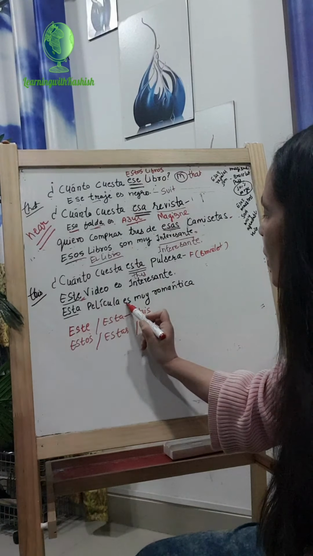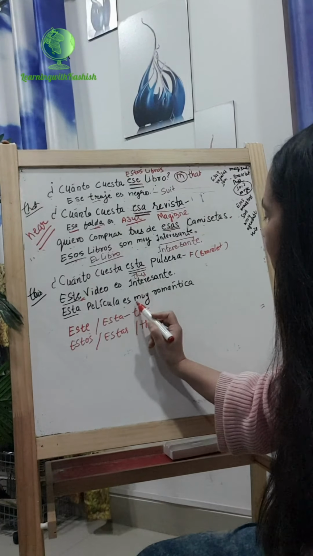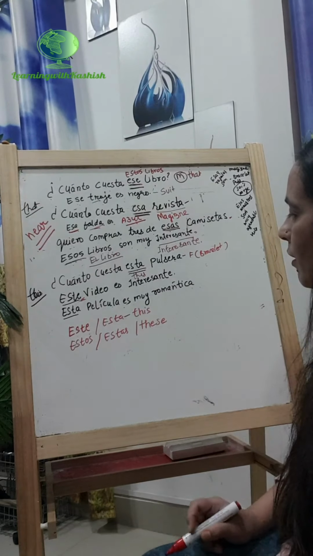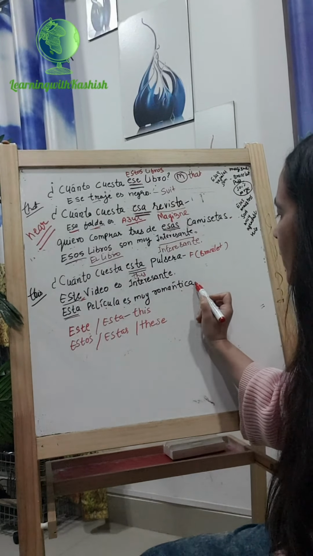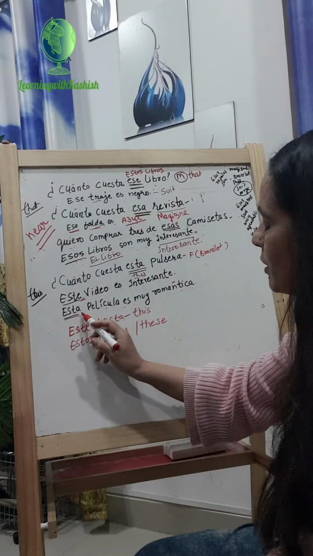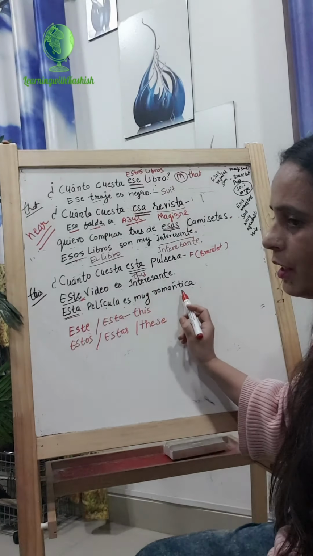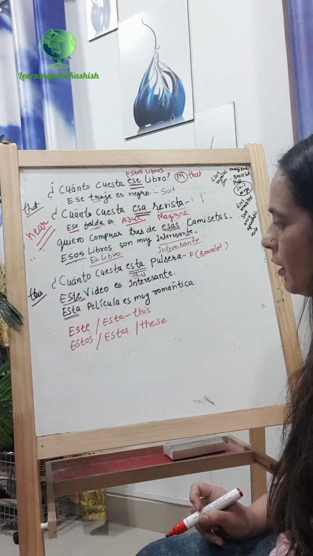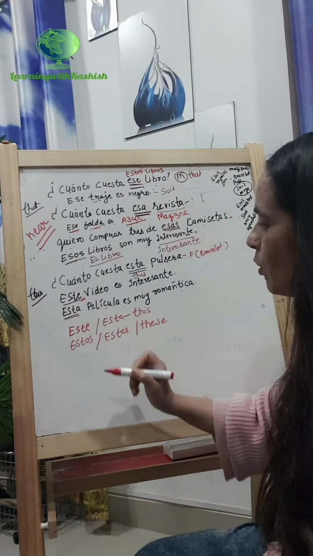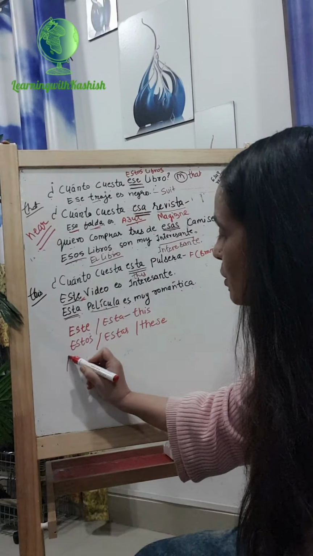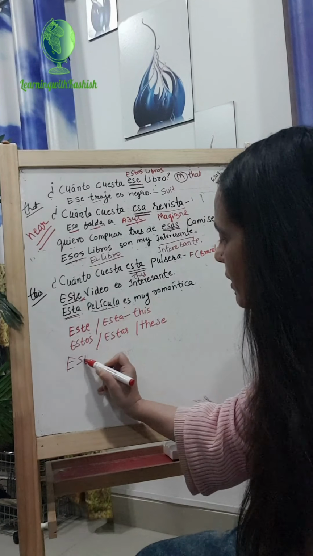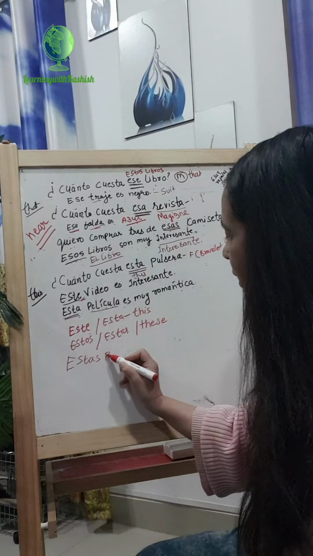Esta película es muy romántica. This movie is very romantic, okay, because la película is feminine, so we are using esta. If I am saying these movies, then estas películas.